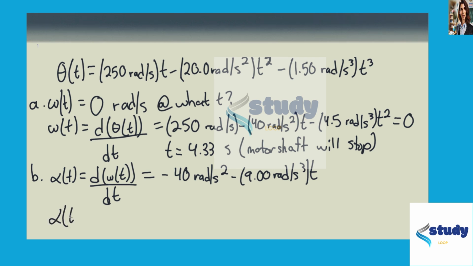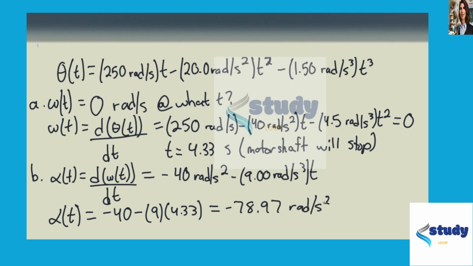So alpha(t) at t equals 4.33 seconds will simply be negative 40 minus 9 times 4.33, and this is going to be equal to negative 78.97 radians per second squared.